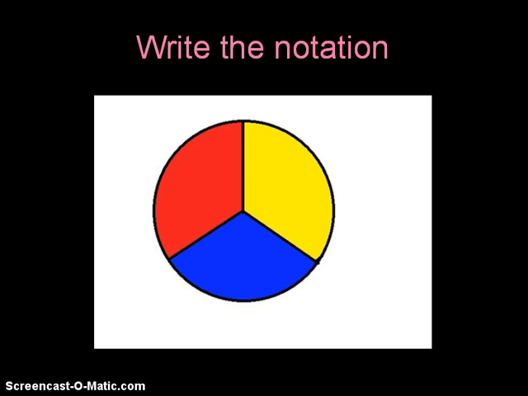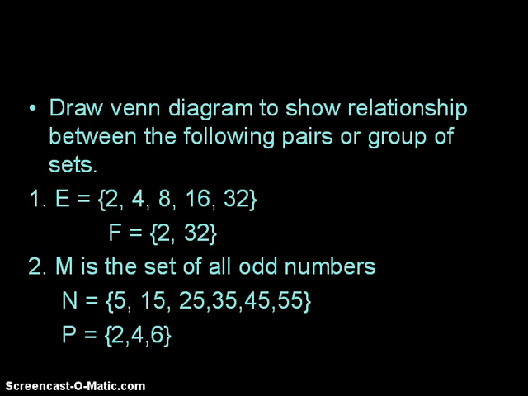Now let's have this diagram. Can you please write the notation of this figure? Then draw a Venn diagram to show the relationship between the following pairs or groups of sets.